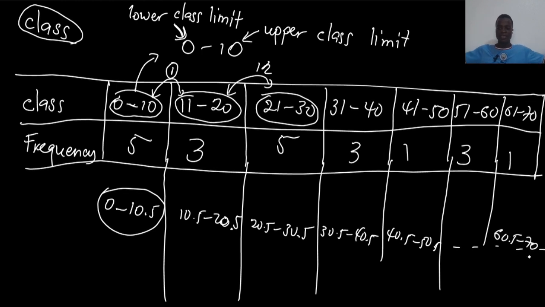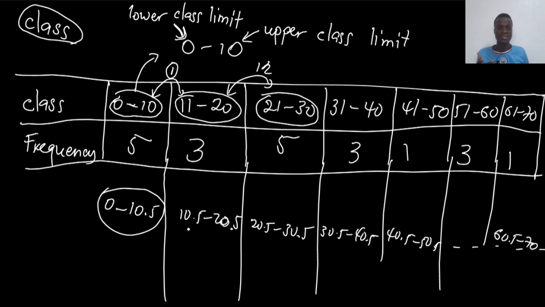So it's as if the ends don't undergo any difference, because there's no other class coming for them to take the difference with. But because this one doesn't have a class before it, and the last end has undergone an addition of 0.5, you just come here, the first one, and subtract the 0.5 from it, to make sure that the class size remains the same.